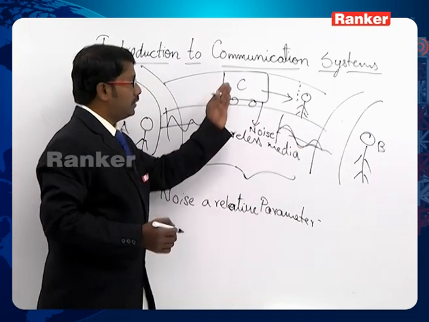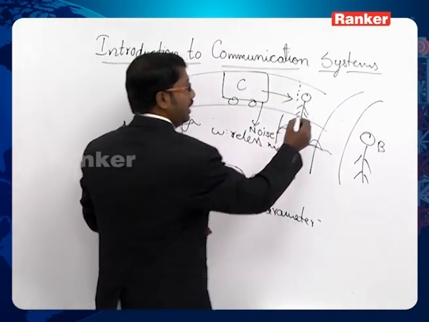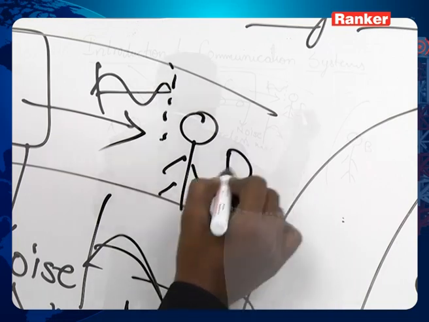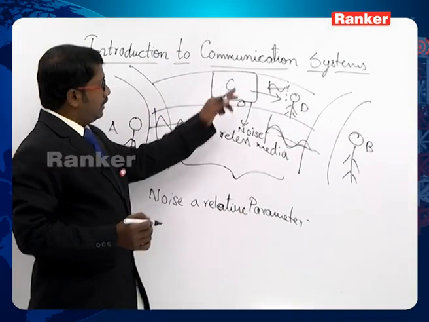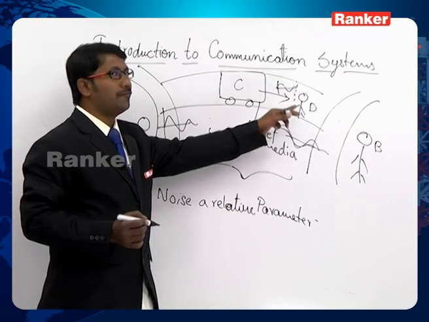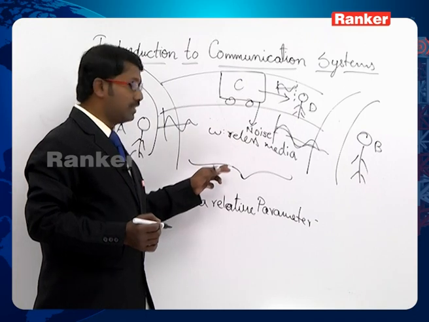But this particular signal which is coming from C is actually the original signal for this particular user, called D. So a similar kind of signal can be a wanted signal for one user, whereas an unwanted signal for another user.